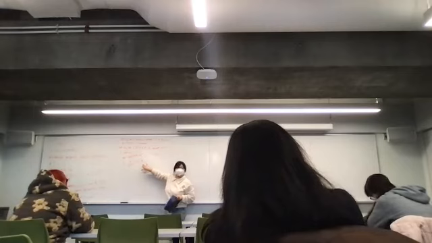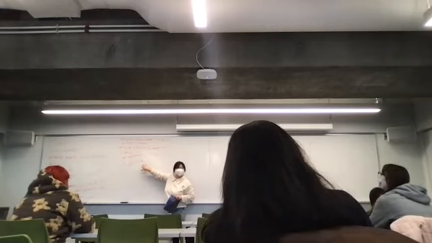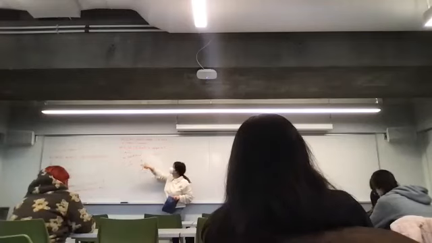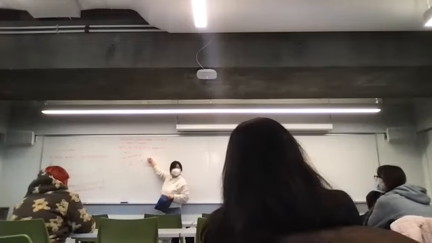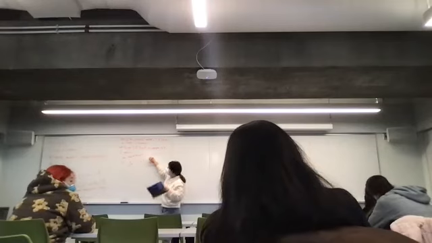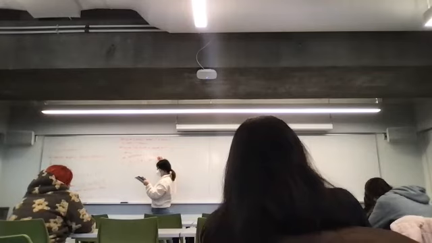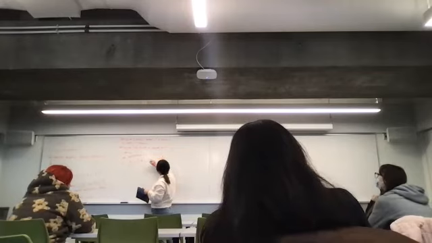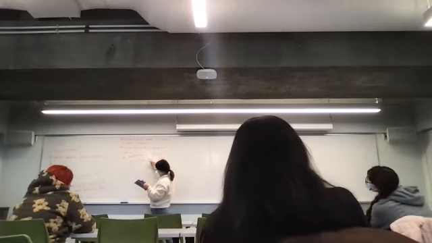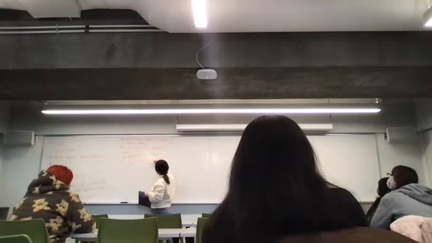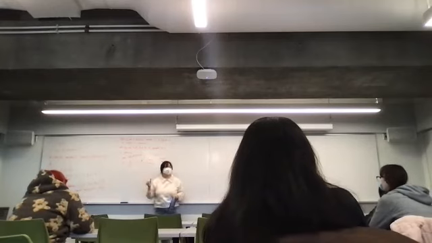What does this do? Can anyone tell me? This basically means that the number of points chosen in S is less than k, which is our number of centers. That makes sense, right? Less than or equal to.